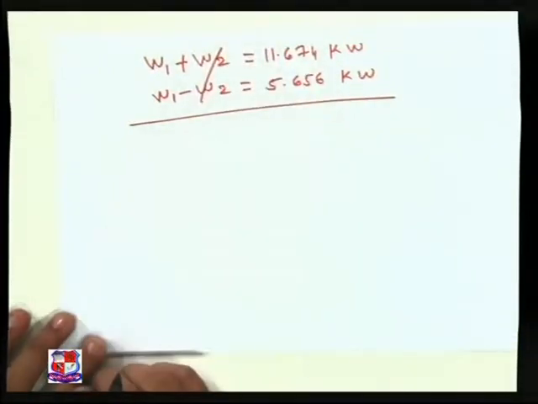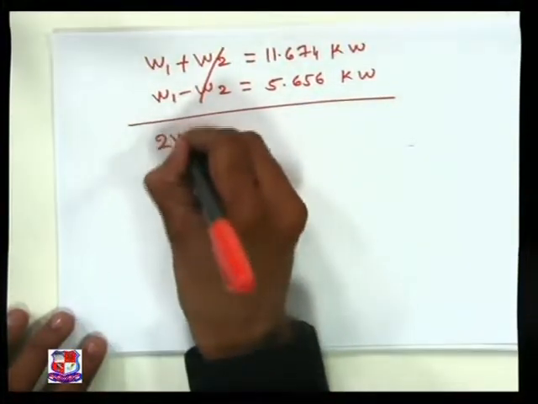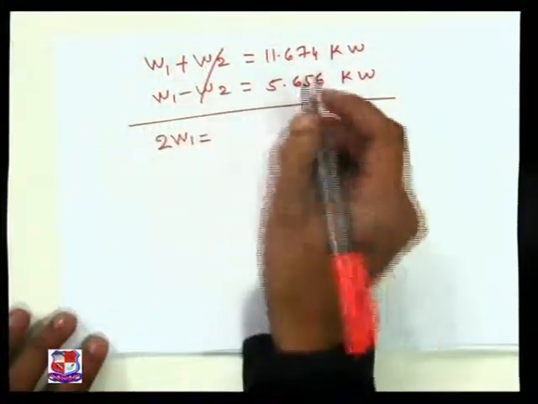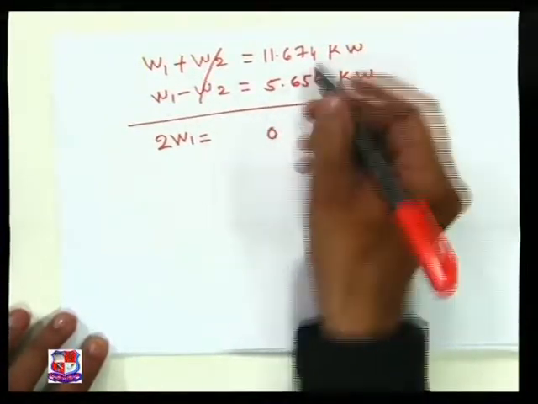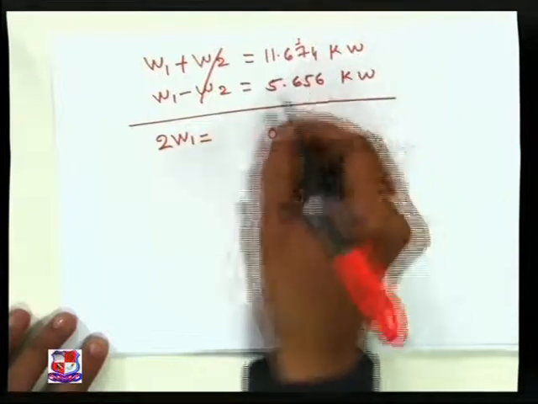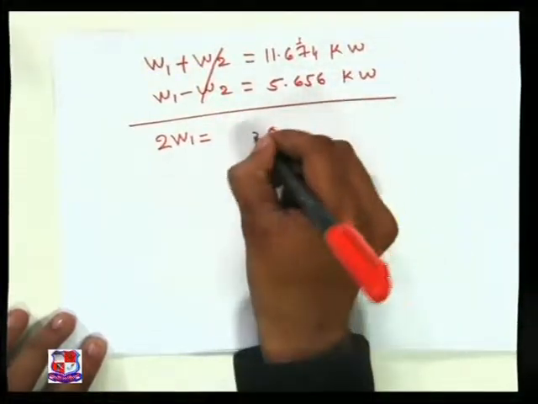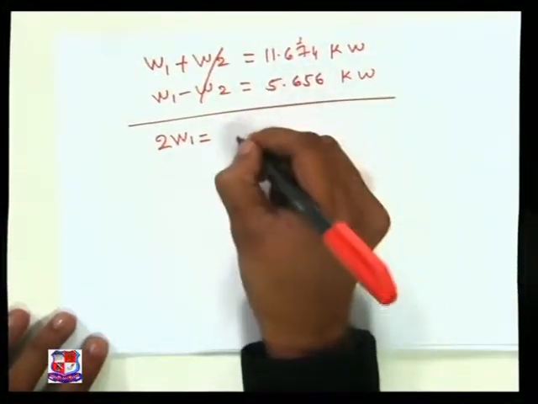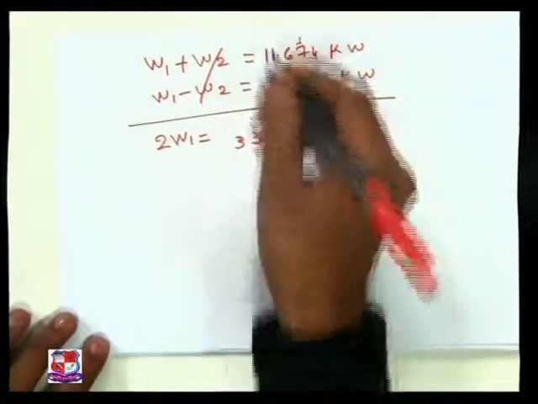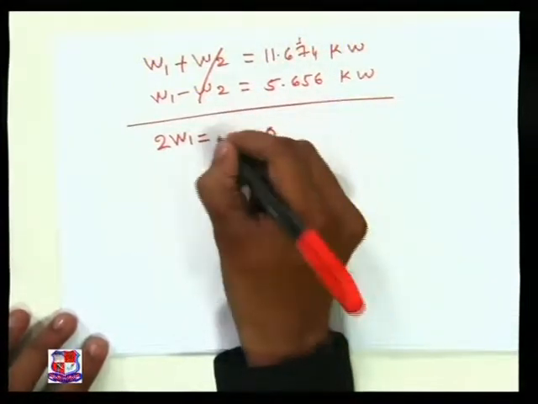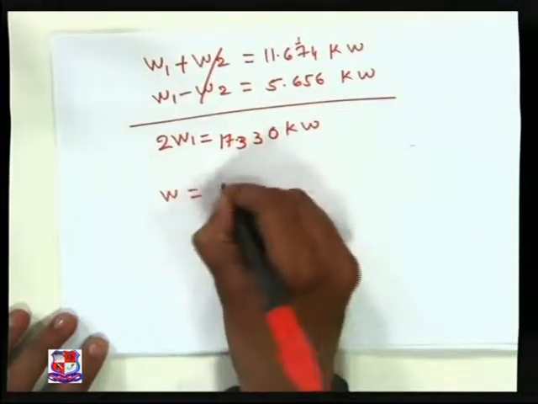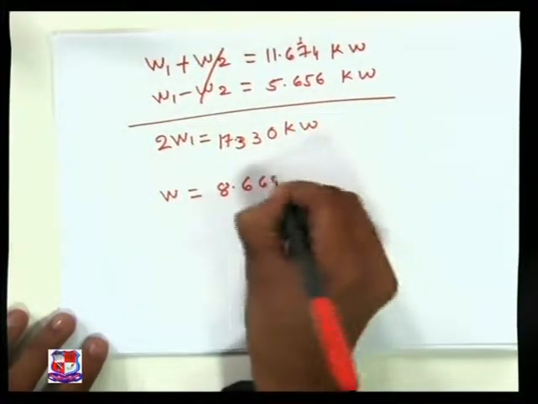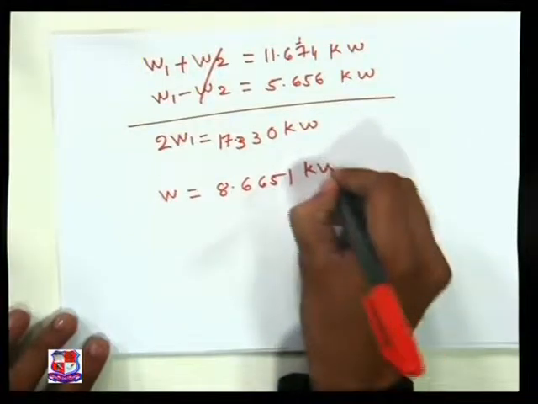Adding the two equations, the W2 terms cancel, and we get 2 W1 equal to 17.33, so W1 is about 8.665 kilowatt.